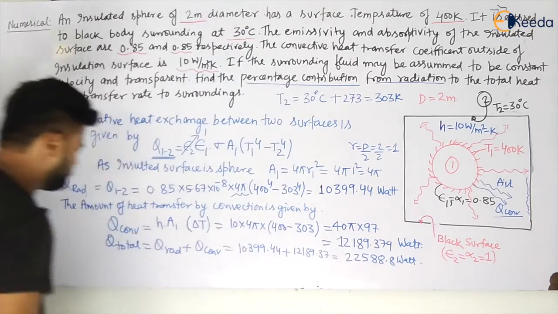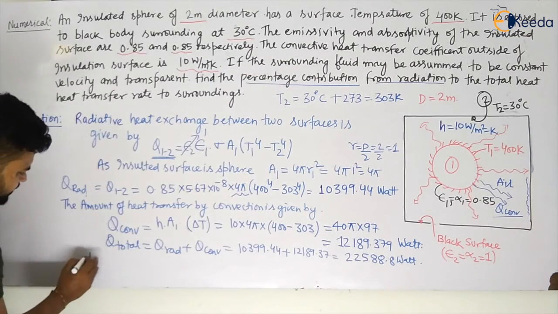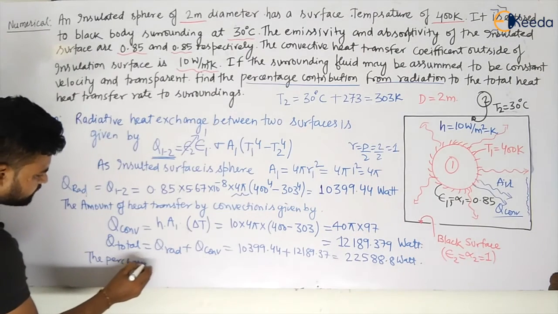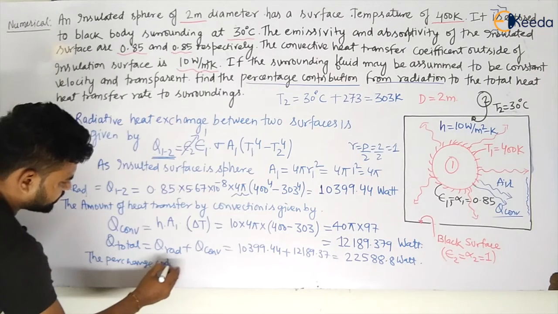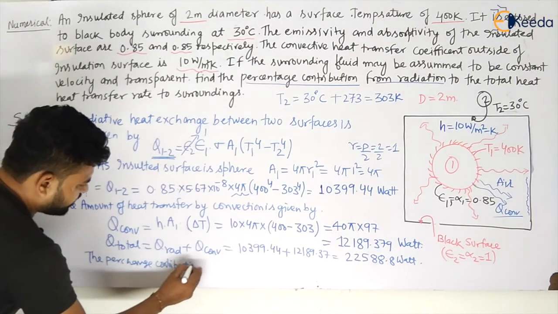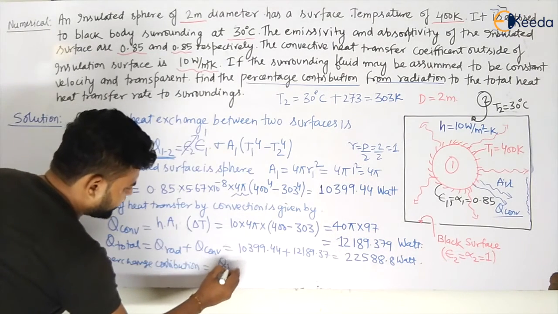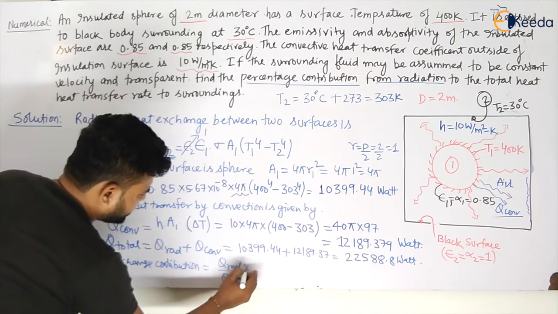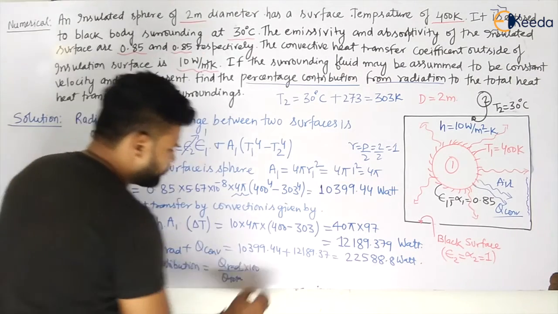Can we now calculate the percentage change? Yes, the percentage change or percentage contribution is given by how much? That is Q radiation divided by Q total into 100. Yes or no? So what is your Q radiation?